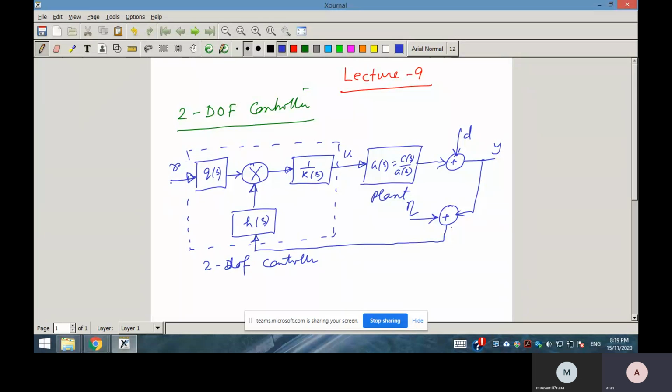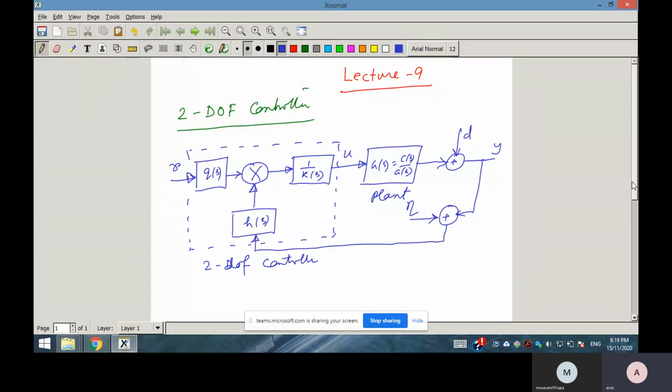Because here the reference input and output are being treated independently. So in case of 1 degree of freedom control, Q(s) equals H(s), so that only one input will be there to the controller, that is the tracking error. Got it?